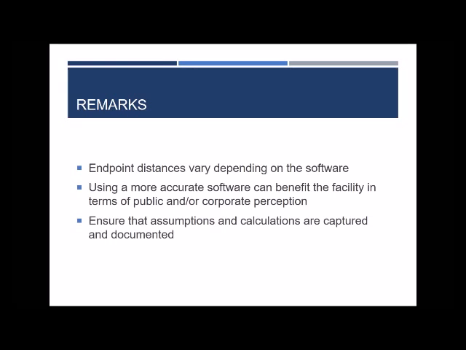A lot of times the software you use can minimize endpoint distances. Sometimes using a more accurate software can benefit the facility in terms of public perception or corporate perception. For some companies, it could be important for the public to know that the chemical in their neighborhood won't go as far as it could.